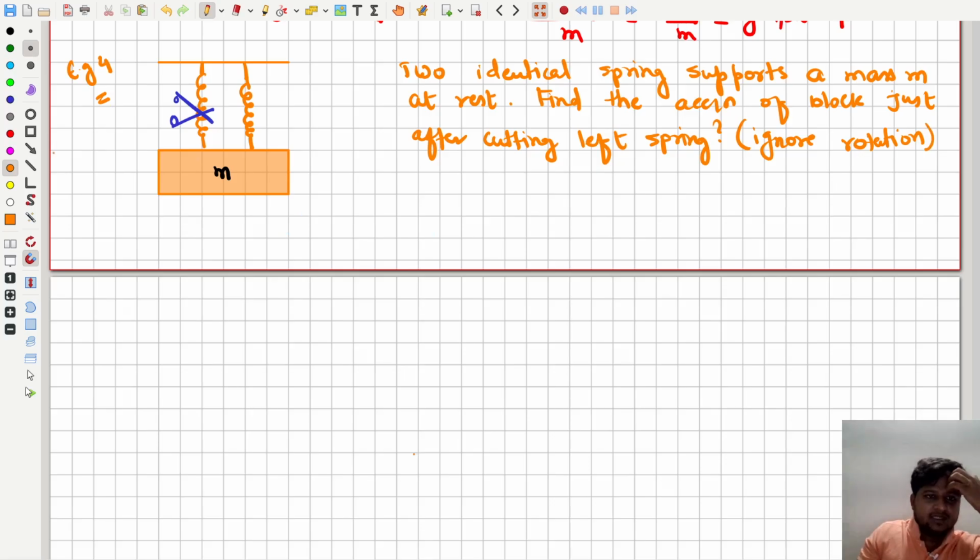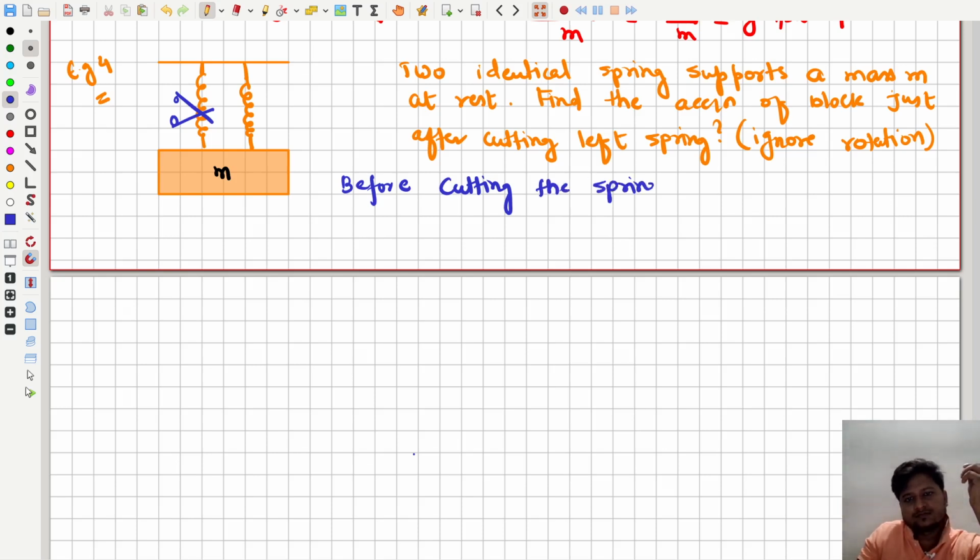Okay, let us write the equations. Very good, correct Suruchi, awesome. Before cutting the springs, the weight of the block is mg, and this is spring force, this is also spring force, correct?